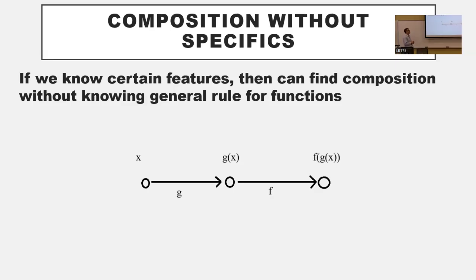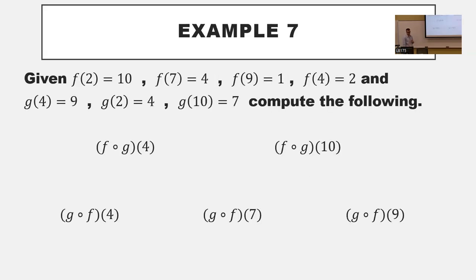So as long as we can find the outputs that I need to find, I can do function composition without the specific expressions for f of x and g of x. Let's do this numerically at first.